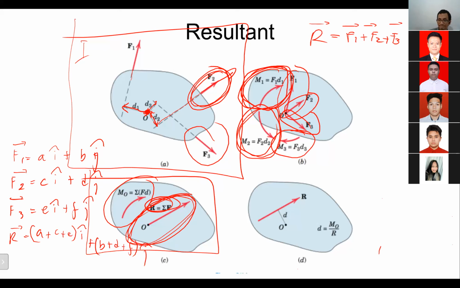Okay, you get it? It's just a vector summation. Remember that the summation is supposed to be vector summation.